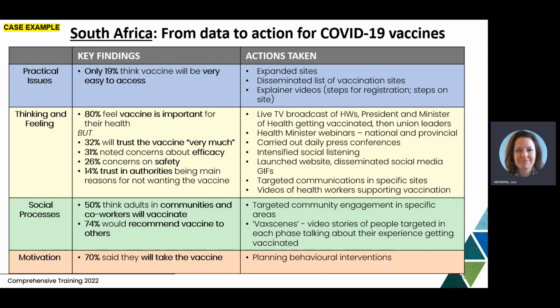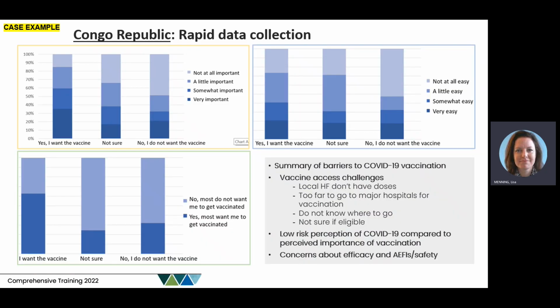And again, I won't go into any of the detail here, but you can see this at your leisure at a later date. I also have an example of rapid data collection from the Congo Republic. This data was gathered in April this year, and we can see the stratification of findings across the different responses to our motivations item, whether someone would want to get vaccination, they do, they're not sure, or do not want to get the vaccine.